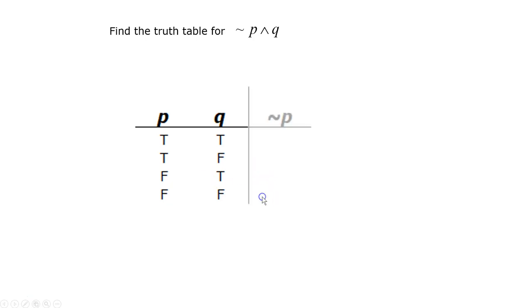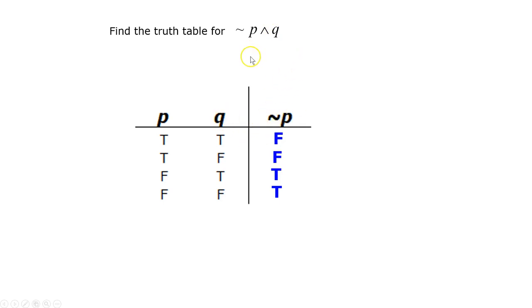When I do this, I'm going to make a column for not P, which means I'm just going to focus on column P here. Not P means that anything that's true for P is going to be false for not P, and vice versa. So these would be the truth values for not P, given the original values for P. Now I want to see not P and Q, so I'm looking at these two columns.